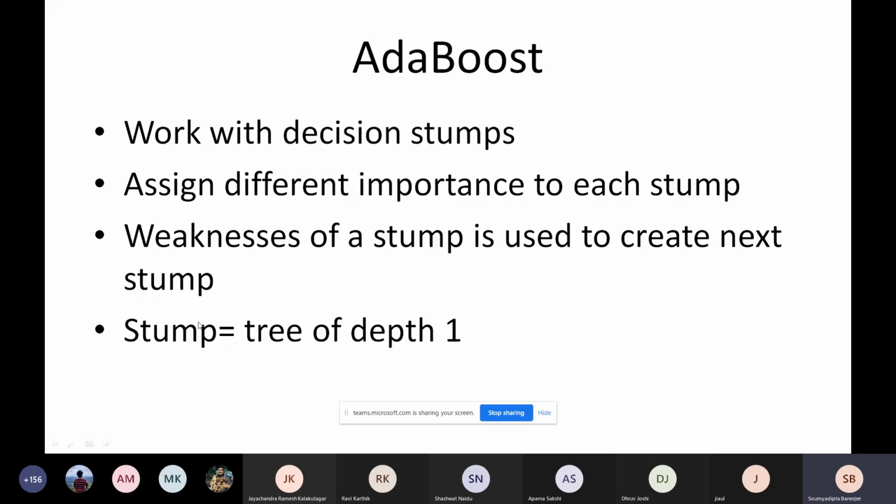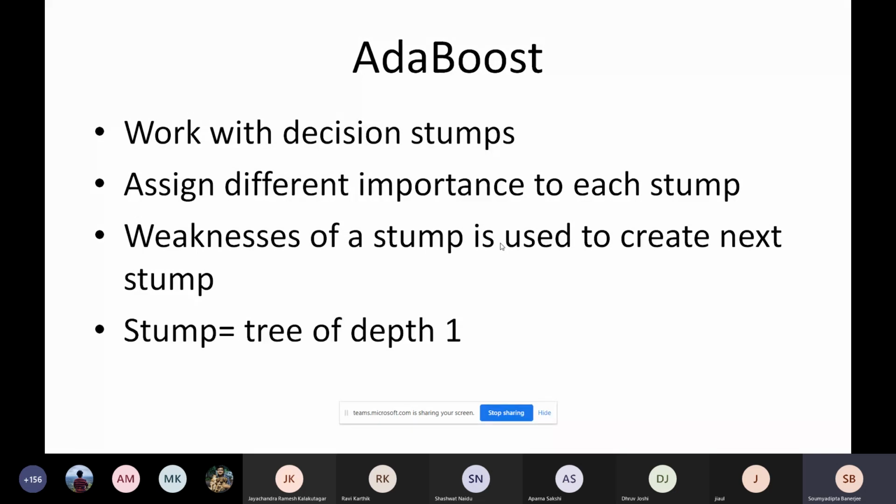The way you form these stumps, or weak learners, is by propagating the weakness of one stump into creating the subsequent stump. The weakness means the data points or samples which were misclassified by one stump.